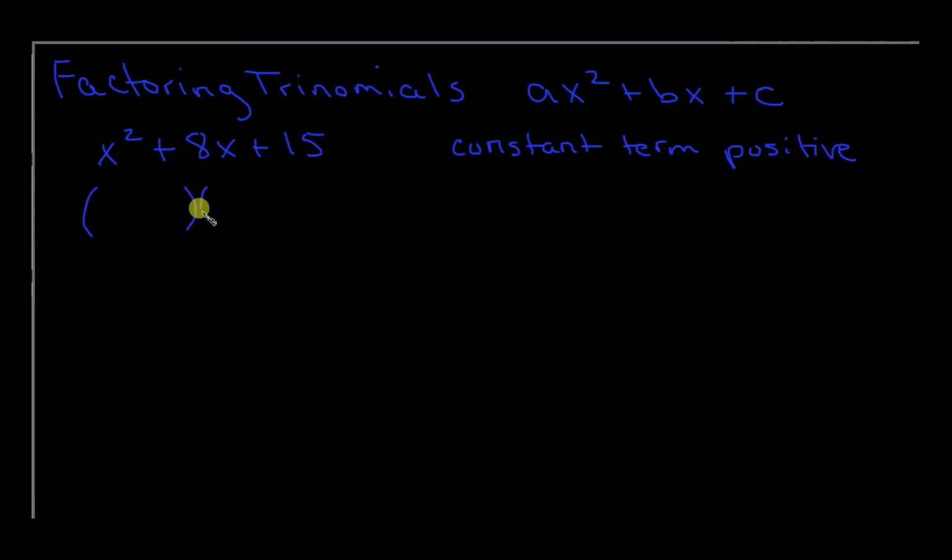You need two sets of parentheses, and since x times x gives us x squared, each binomial gets an x. Now we need two numbers that multiply to positive 15. Let's think of all the ways we can get positive 15. There's 1 times 15, and there's 3 times 5.